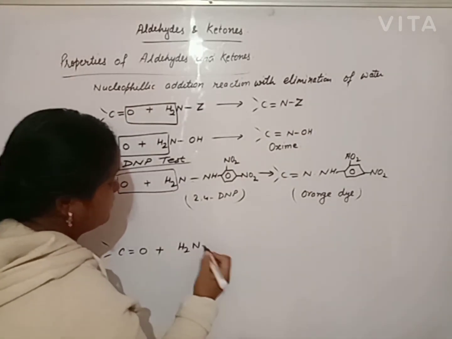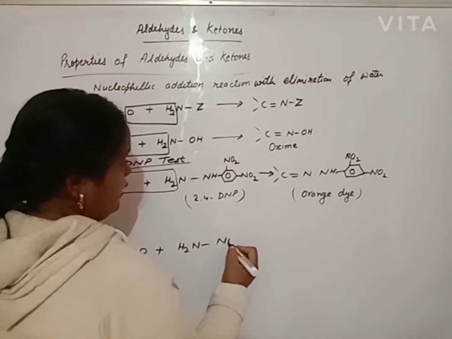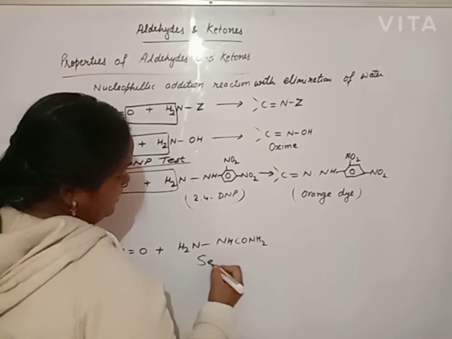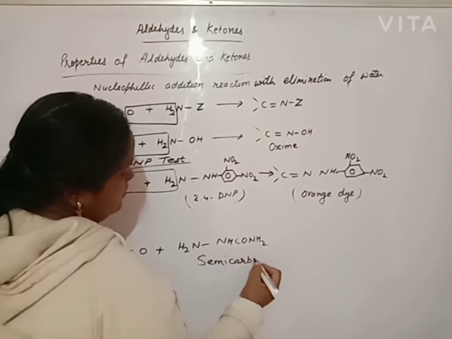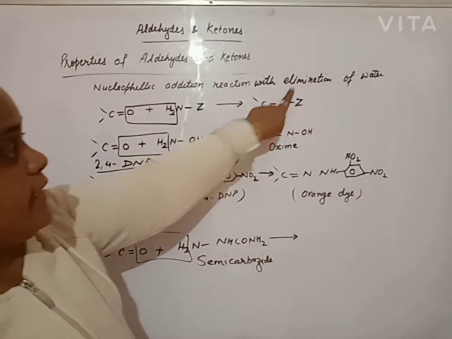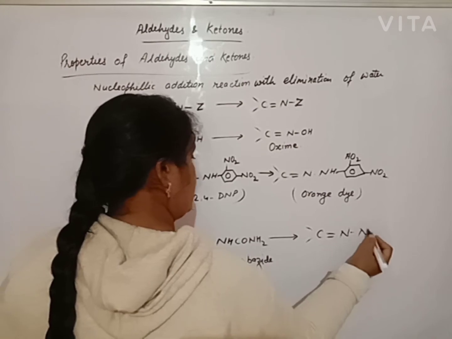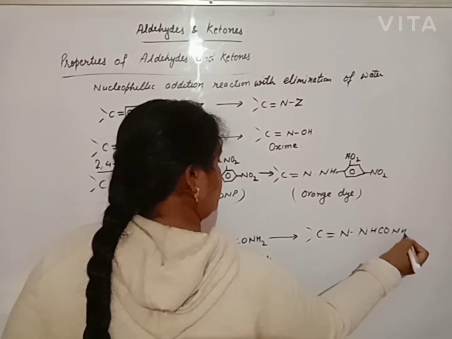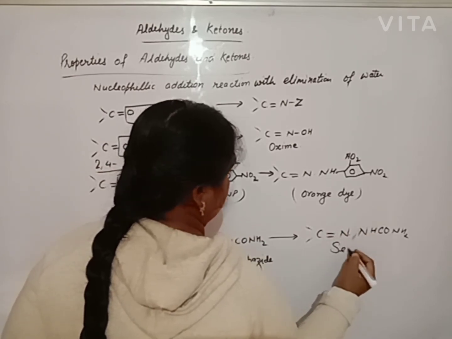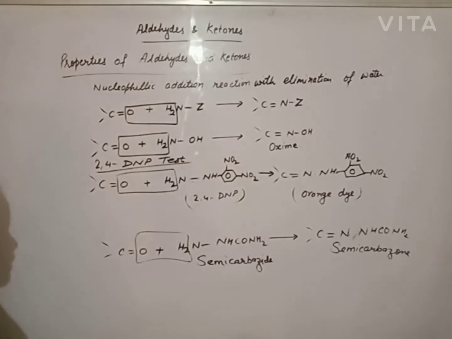In semicarbazide, this group remains intact and the other group is replaced. Then again removal of water takes place because our reaction involves elimination of water, and we will get semicarbazone.